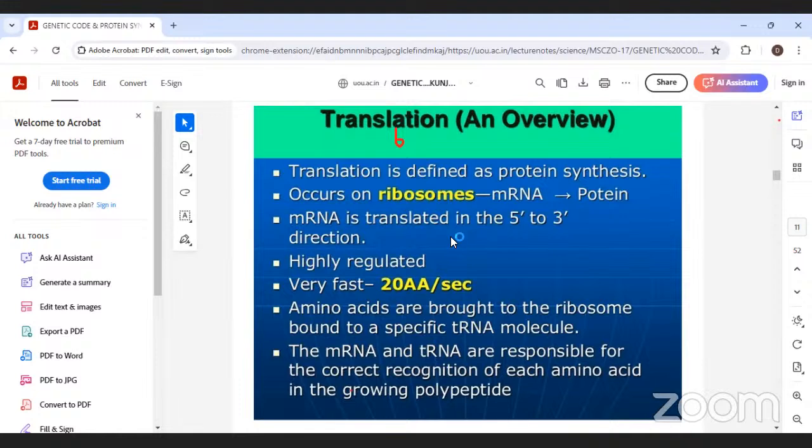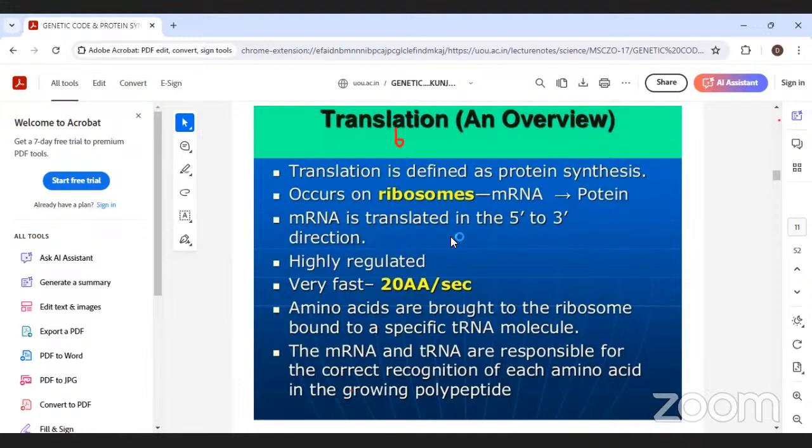Now, translation is defined as protein synthesis. Translation, protein synthesis, occurs in the ribosome using mRNA. Three types of RNAs are there.